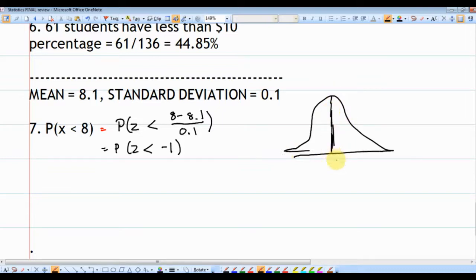There's 8.1 with a z-score of 0. 8 is over here with a z-score of -1. So you're supposed to have this area memorized.